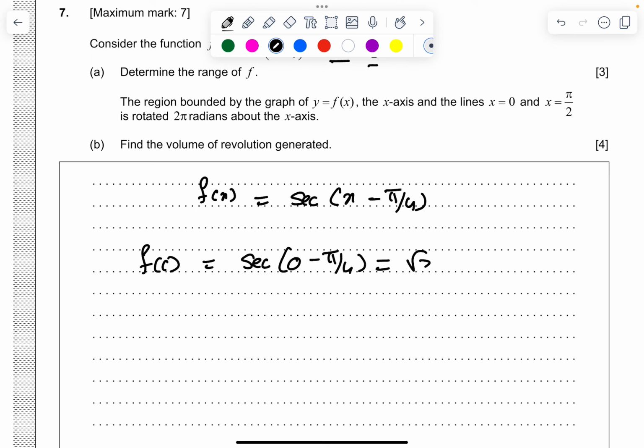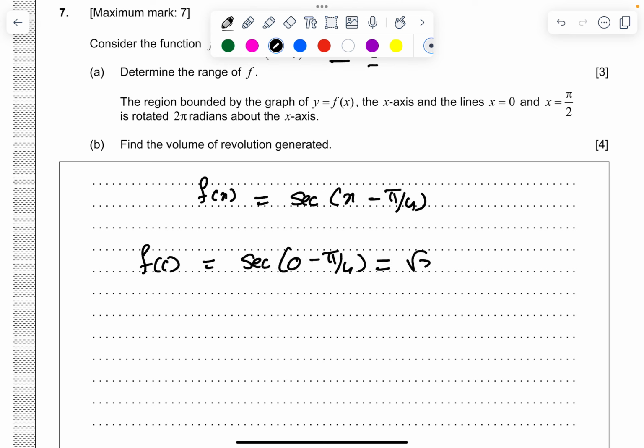Then I'm going to find f of pi by 2, which is secant of pi by 2 minus pi by 4, which is going to be pi by 4, which is again nothing but root 2.